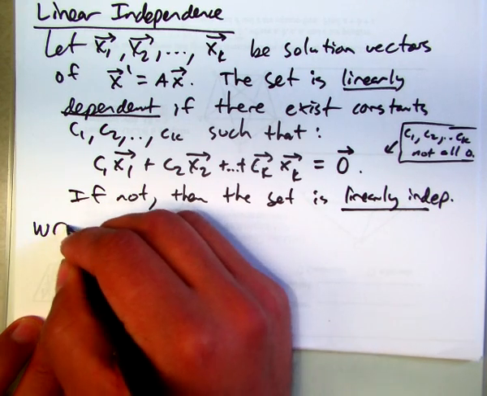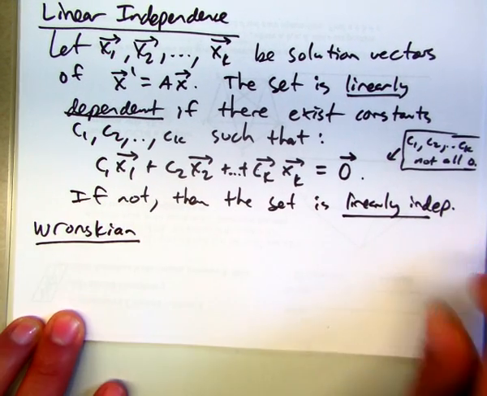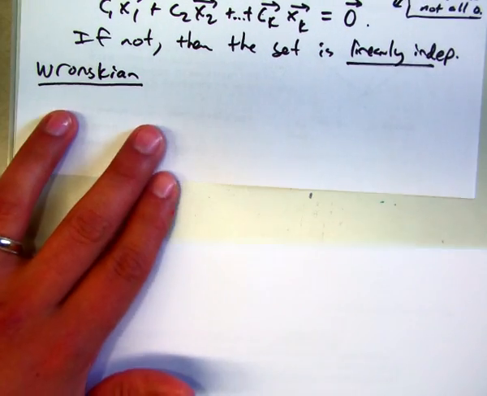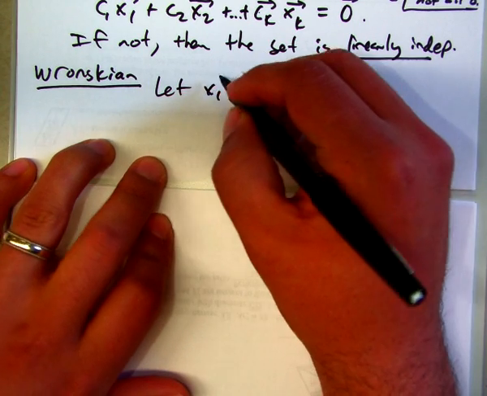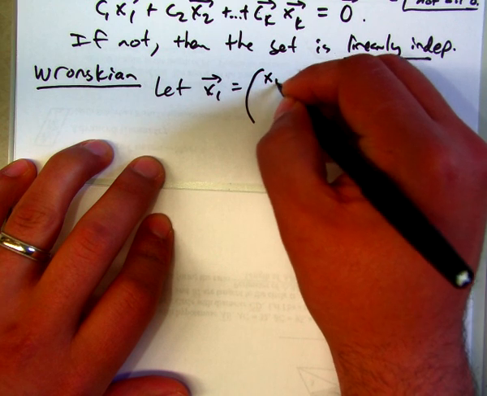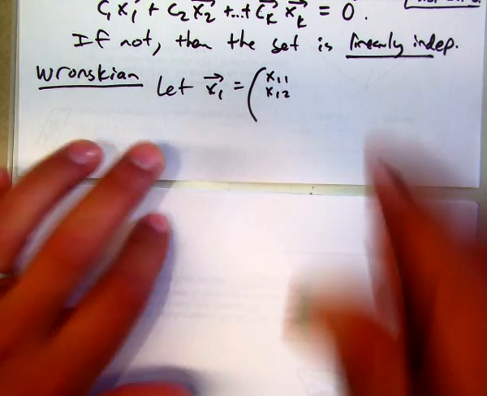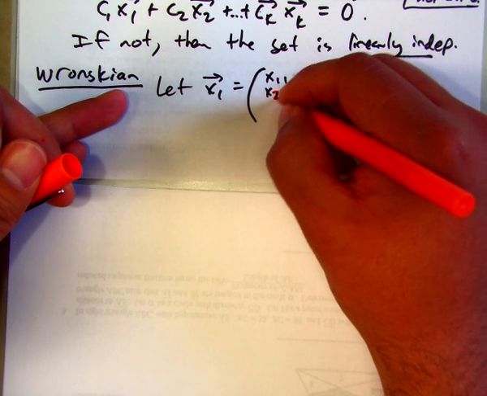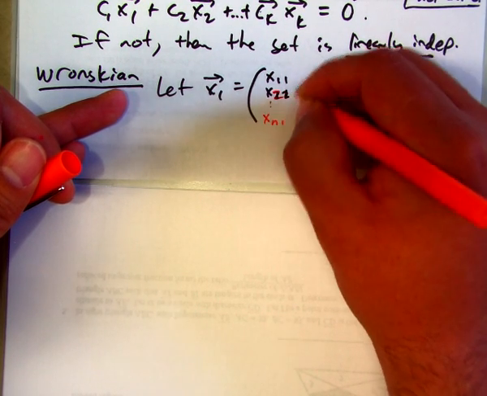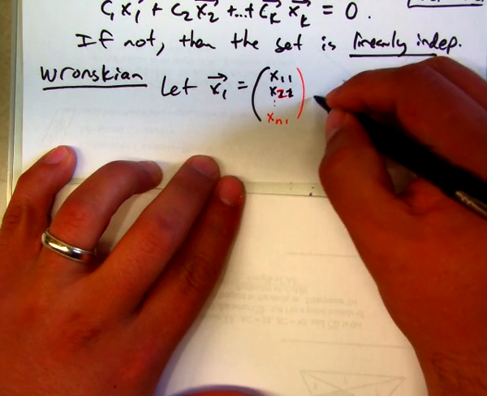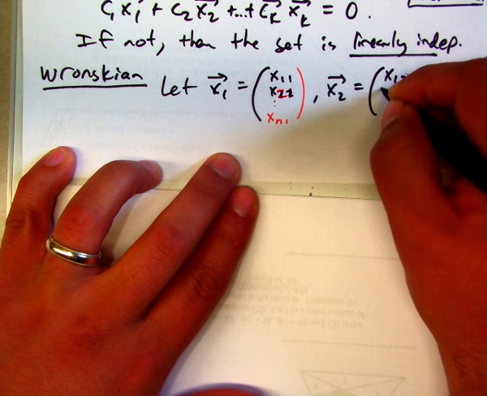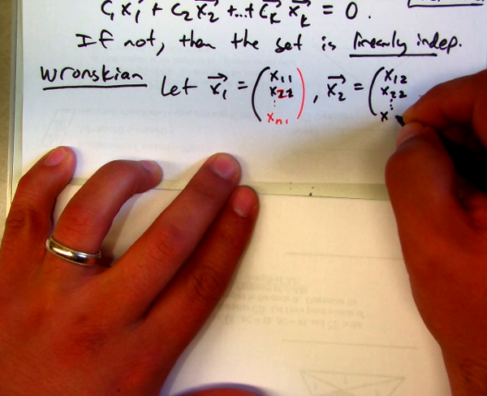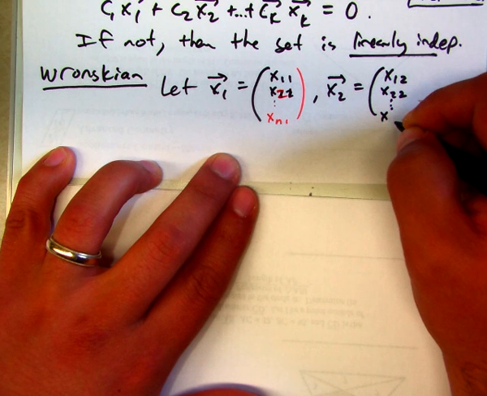Wronskian. Let x sub 1 be x11, x21, down to x sub n1. x2 equals x12, x22, down to x sub n2, the nth row, second column.